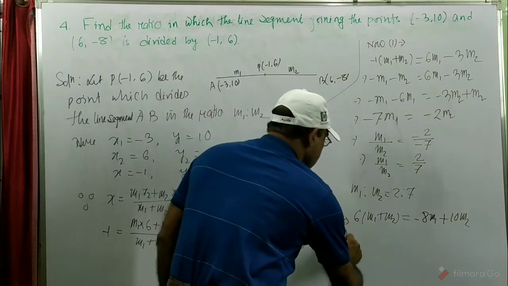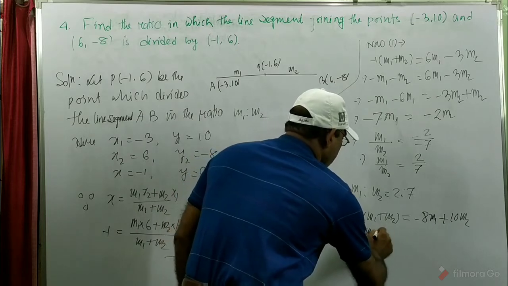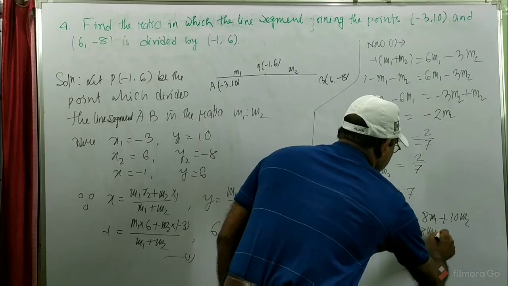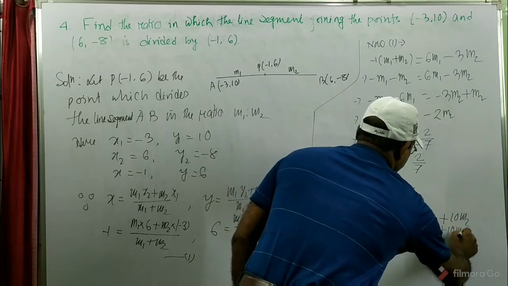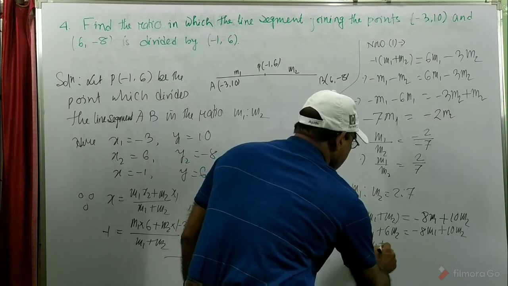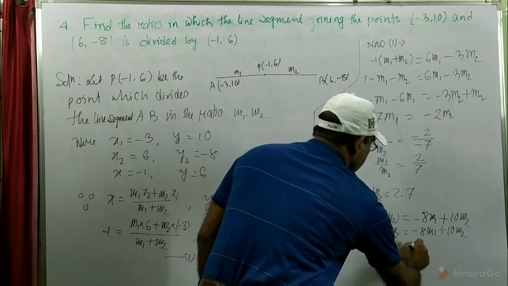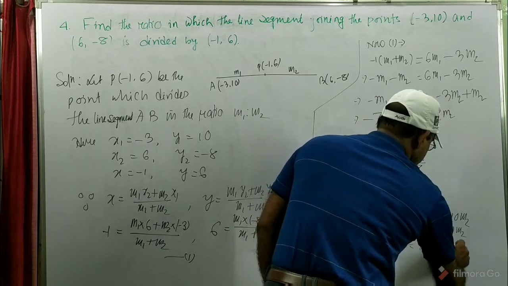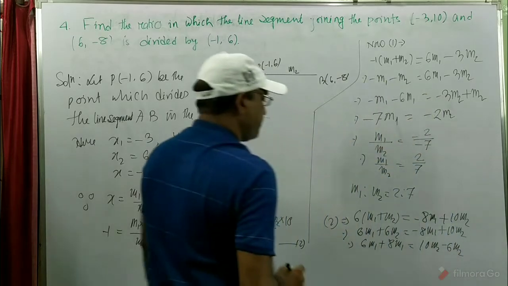So this is 6m1 plus 6m2 equal to -8m1 plus 10m2. Taking m1 to the left hand side and m2 to the right hand side, this is 10m2 minus 6m2.